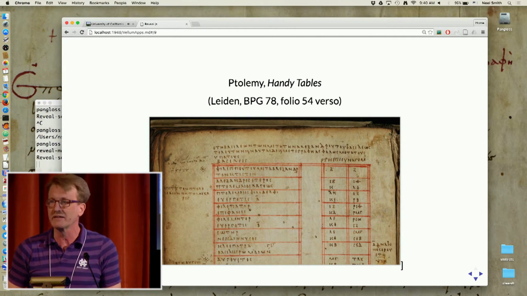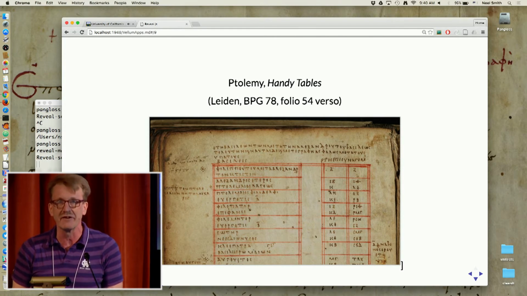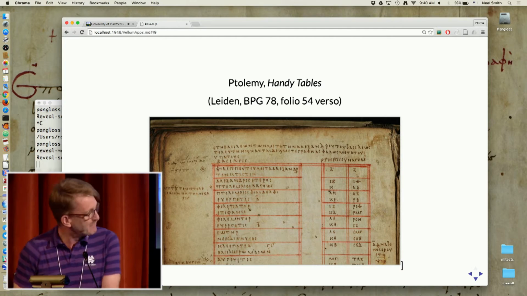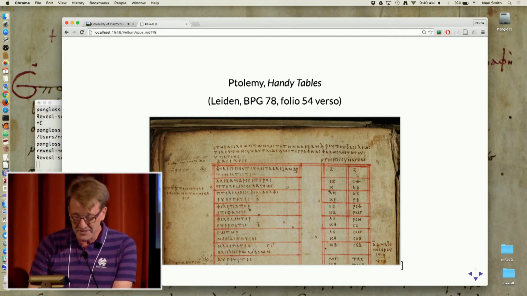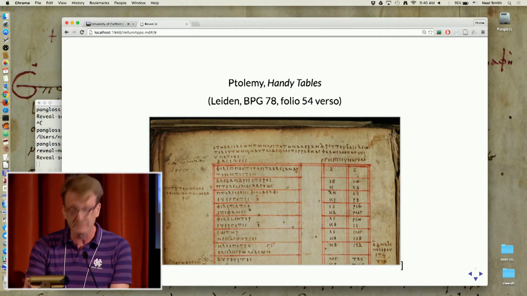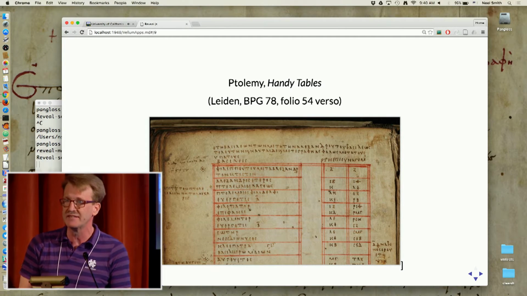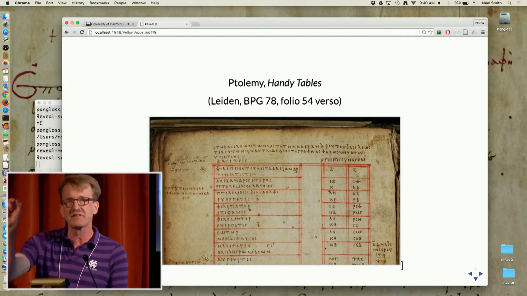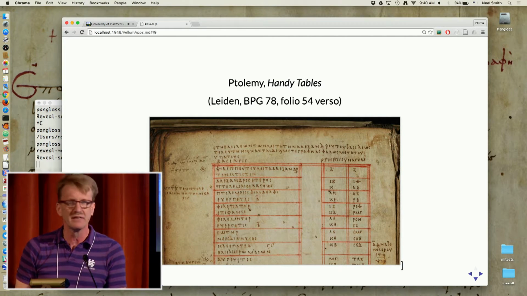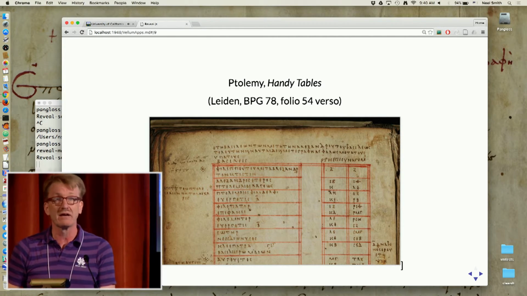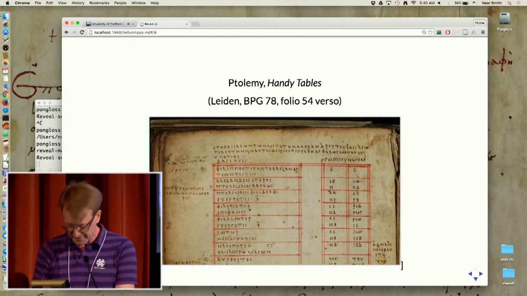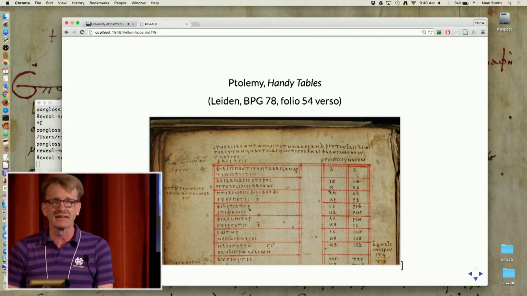Classicists don't like texts that don't have lots of narrative prose. So this is a wonderful example. The Handy Tables is a chronological function that lets you map references to dates to a specific day in what's essentially Ptolemy's equivalent of the way modern astronomers work with a Julian day count. It's handy in a couple of senses.